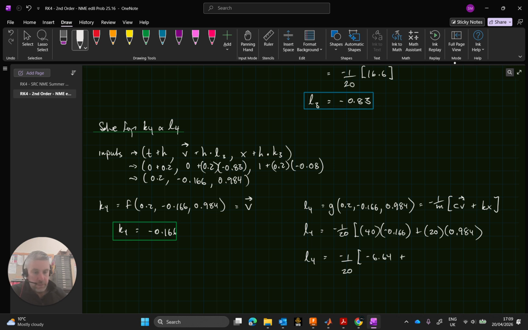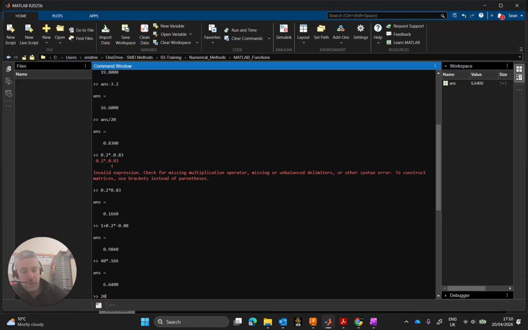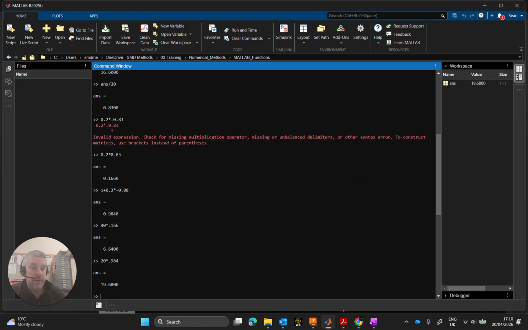And this is a positive number: 20 multiplied by 0.984 is equal to 19.68.